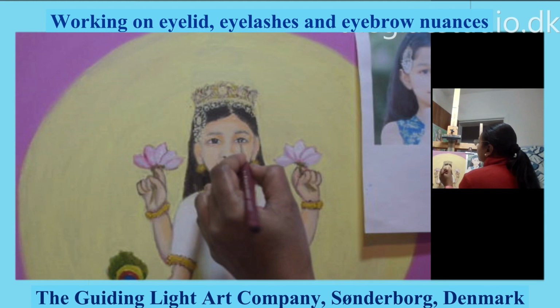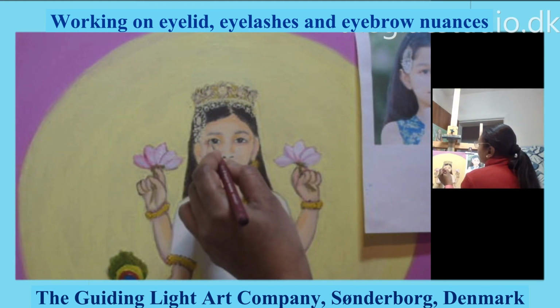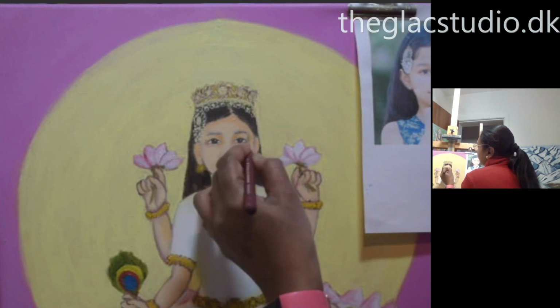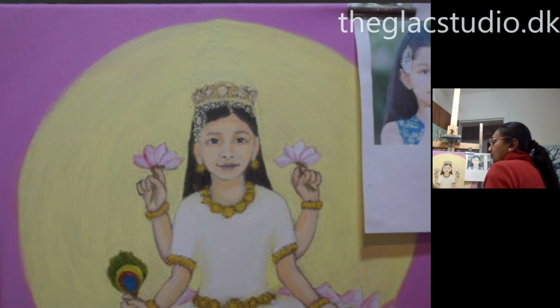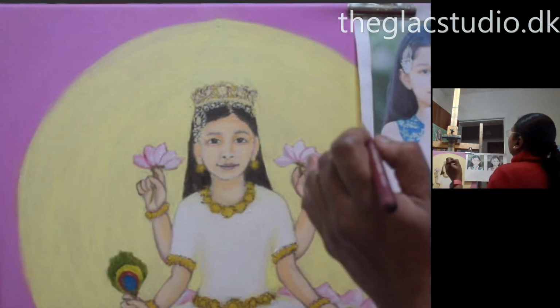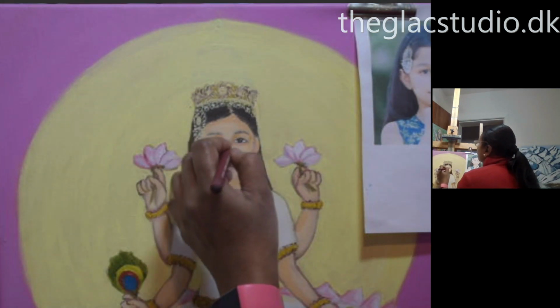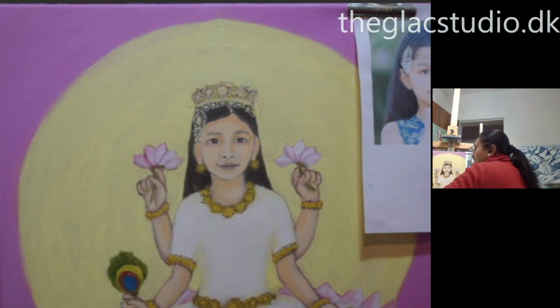So we are going to work on the eyelid now, and for that, I'm just prepping that section because there are some lighter tonalities there. Prepped it. Now we take a little bit of the burnt umber and draw the strong line across, that is the curve across, that is defining the eyelid.